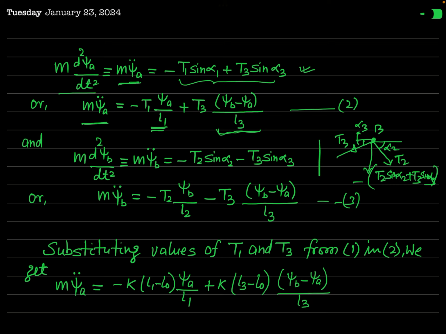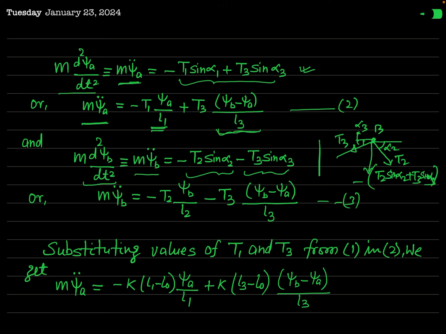So the equation of motion of mass B will be written as mass times acceleration of B, that is m d2 psi B by dt square, written as m times psi B double dot, equal to minus T2 sine alpha 2 minus T3 sine alpha 3.